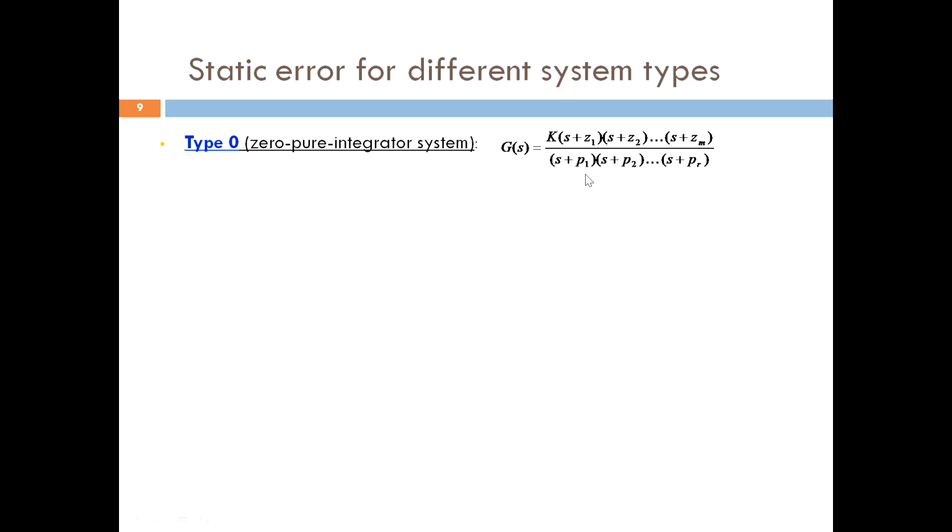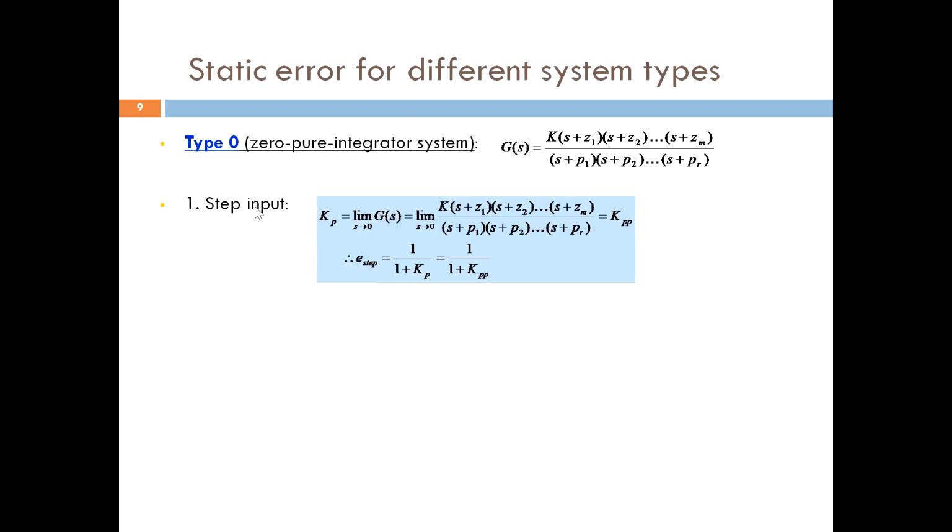Okay, so what we are going to do basically is to determine the steady state error given a type 0 system, and we are going to consider the steady state error for a step input, for a ramp input, as well as for a parabolic input.